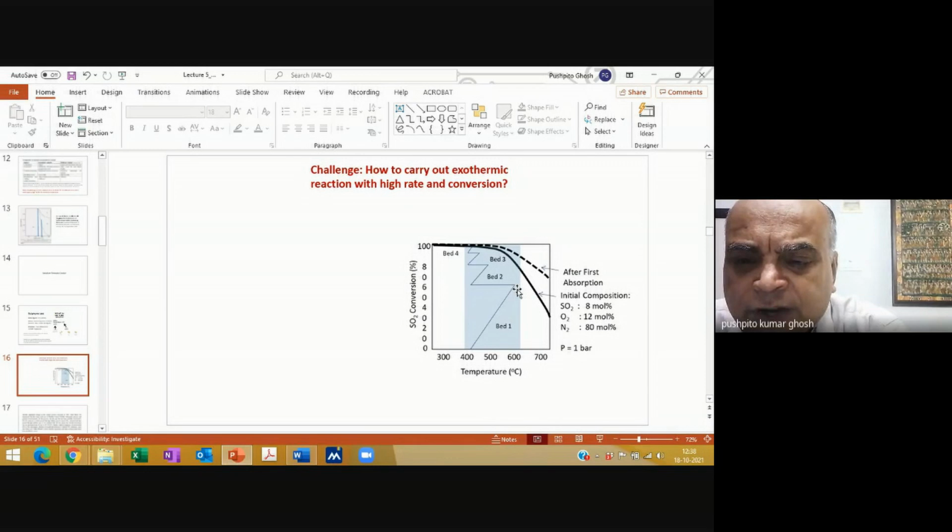Let's say I'm doing the reaction and I'm reaching a temperature close to about 600 degrees, and I'm getting 60% conversion. I'm okay with that because in any case, I'm far away from equilibrium. I've not reached equilibrium at that point.